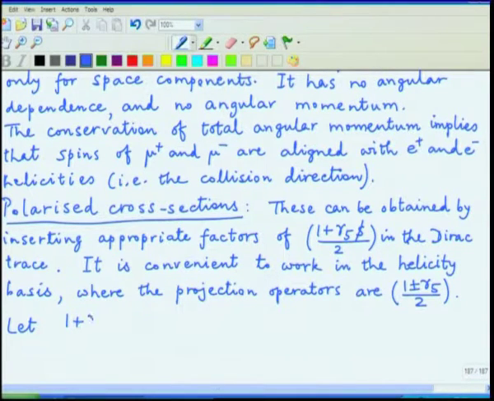And I am going to denote these factors 1 plus gamma 5 by 2 as something which is a right handed helicity, and 1 minus gamma 5 by 2 be denoted by the left handed helicity. So, we have the two helicities.